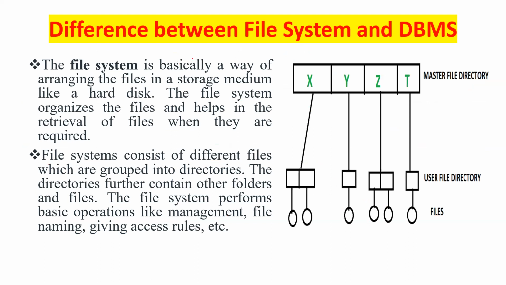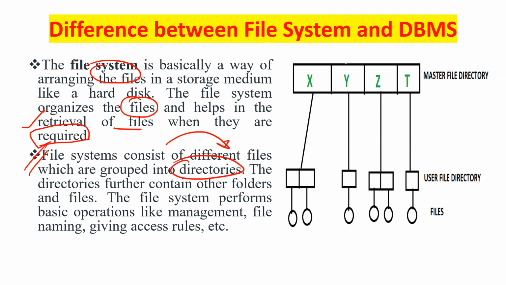The file system is basically a way of arranging the files in a storage medium like a hard disk. The file system organizes the files and helps in the retrieval of files when they are required. The file system consists of different files which are grouped into directories.